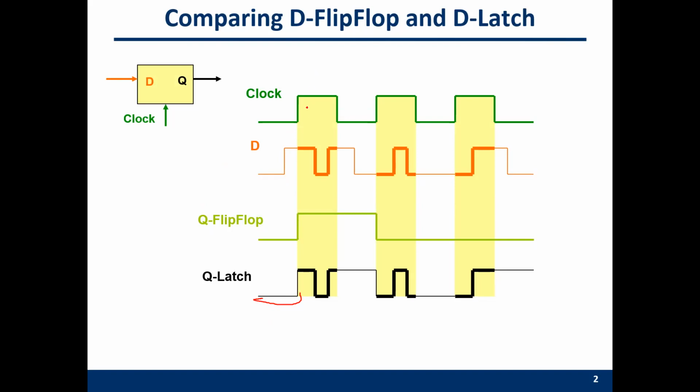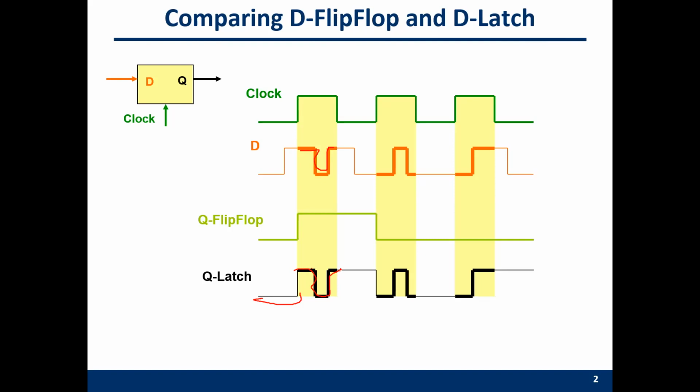But when the clock is high, the output changes immediately with the input. So you can see the input change like this, and the output also changes like this. The function of a latch is very simple.